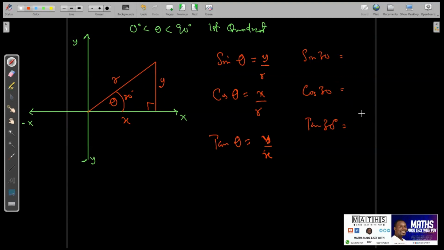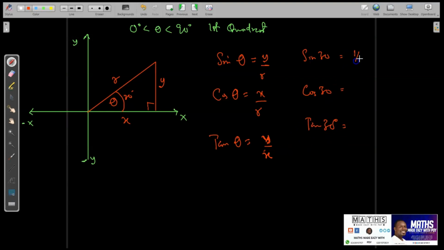Yes, please. Sine 30 was seen as what? What's the value of sine 30? Sine 30 was 1 out of 2.